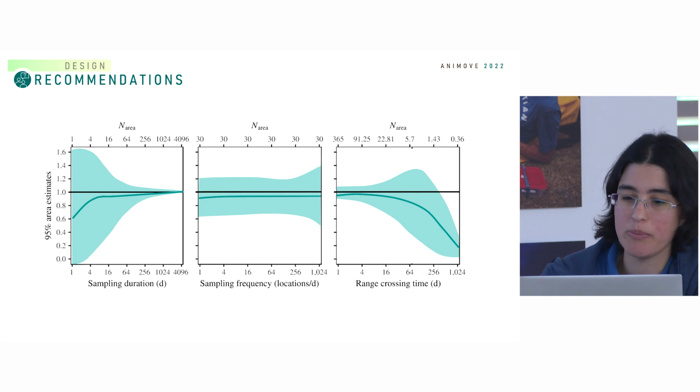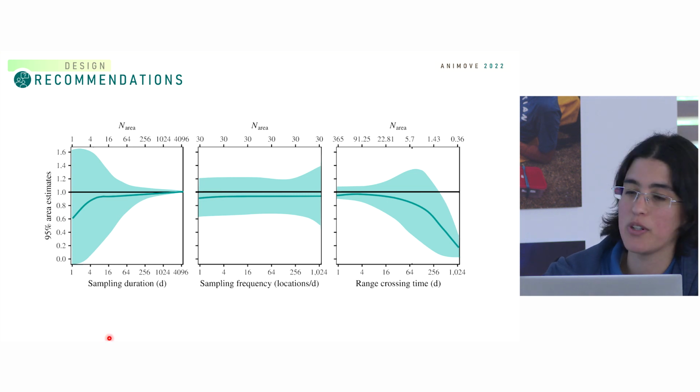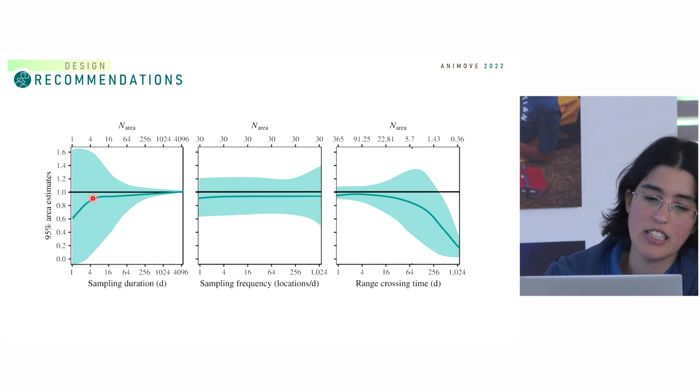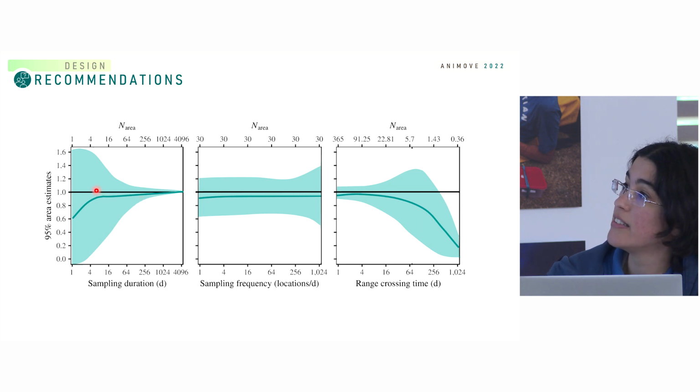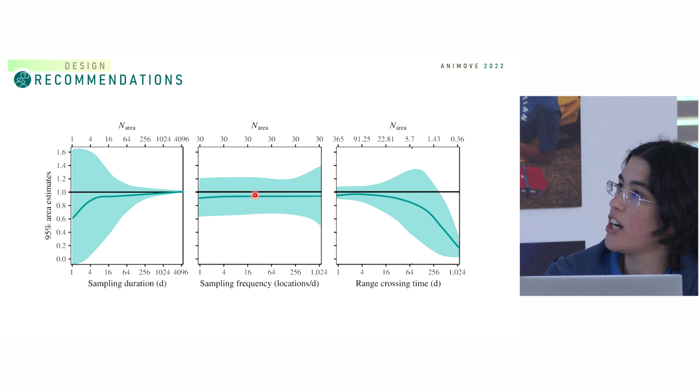And we know from a lot of simulations that for the AKDE, if we keep improving the sampling, or if we increase the sampling duration, we will converge to the truth, the actual true home range, which again we know because it's a simulation, and that the sampling frequency does not matter as much for this, as long as we have a decent effective sample size, which in this case is always 30 for all of these.